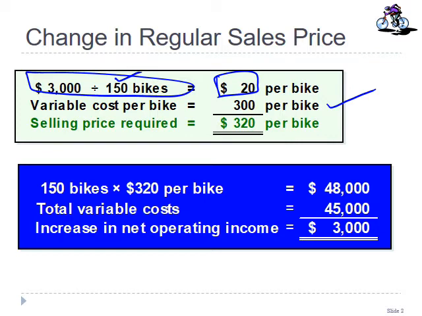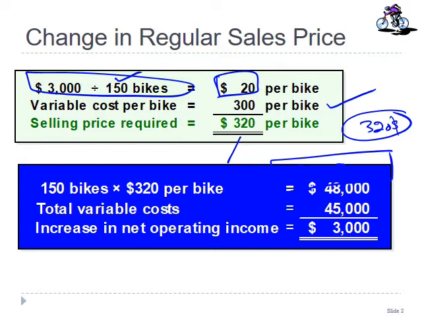And what we said in our previous slide is that we're going to remove the effect of fixed cost in this kind of special arrangement. So when we add it to our variable cost, our selling price would be $320, right? So you can also see the proof.